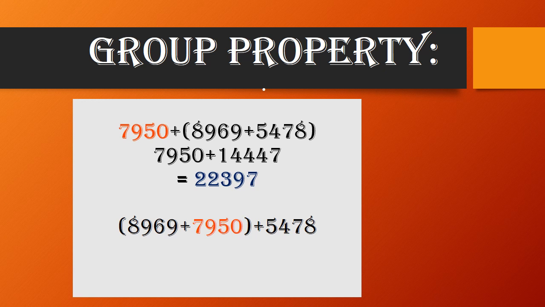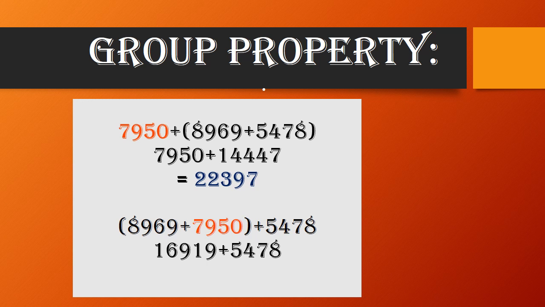Now let me group the other numbers and see what is the result. So now 8,969 is grouped with 7,950. And now 5478 is kept aside. Bracket means I will add the first two numbers first, and the sum of the first two numbers is 16,919.